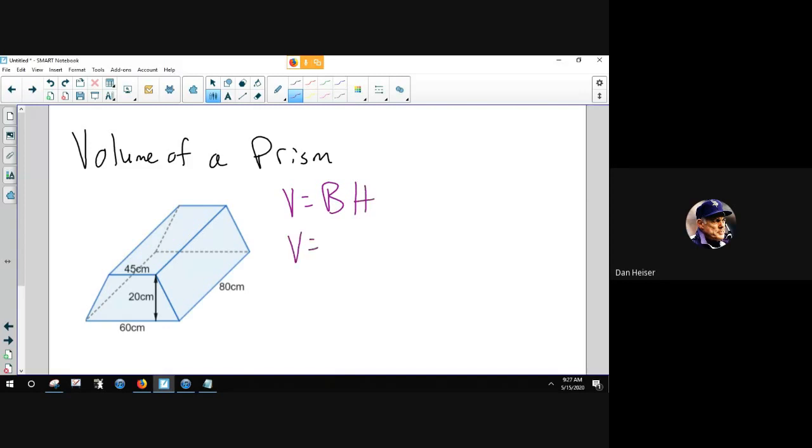Well, our base is the area of a trapezoid, 1/2 base 1 plus base 2 times little h, multiplied by big H, the height of the prism.